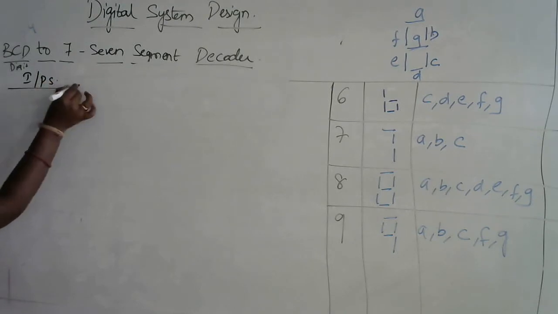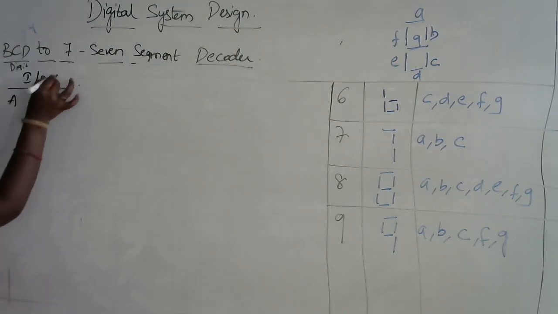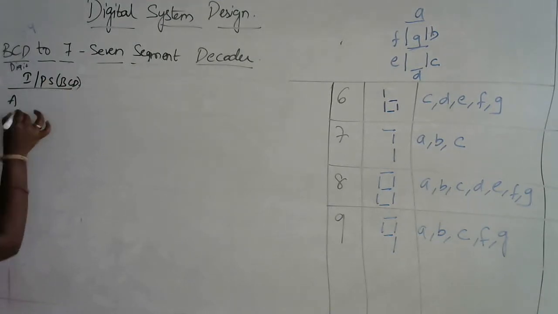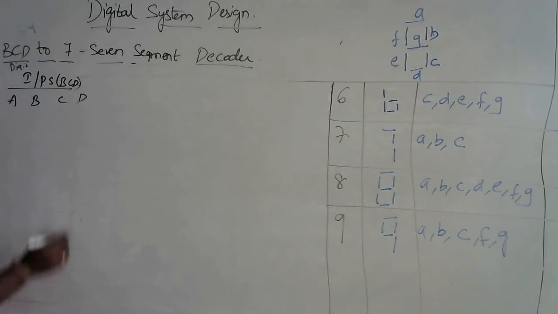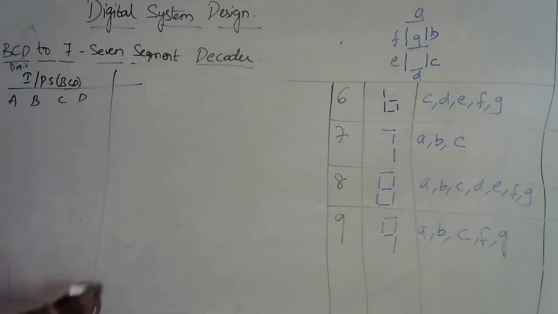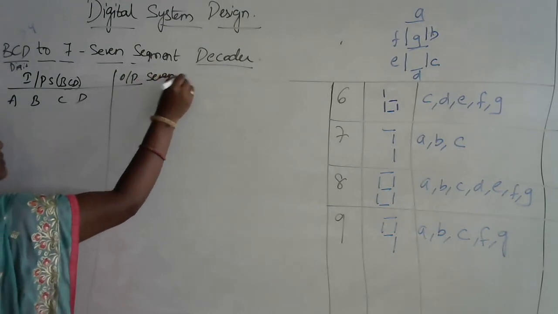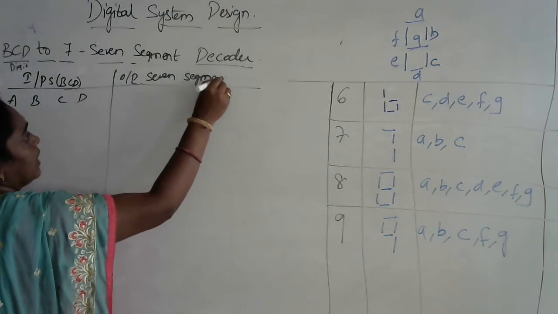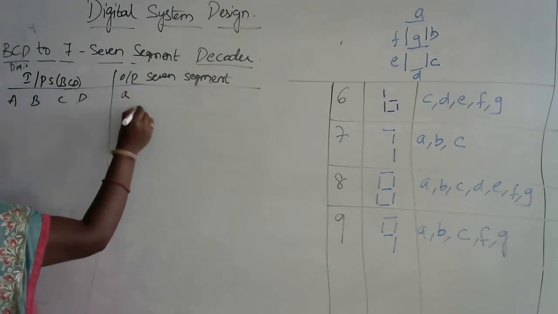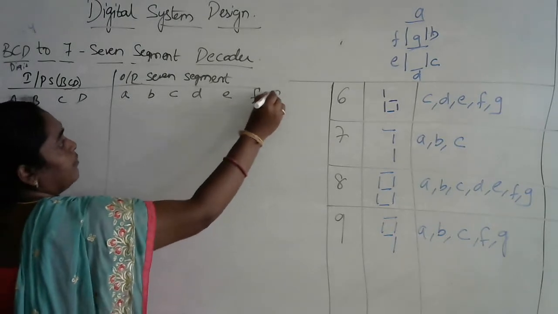The inputs are BCD, so I am assuming that the BCD inputs are 4 inputs, A, B, C, D. And the outputs are 7 segment. Those 7 segment values are small a, b, c, d, e, f and g.